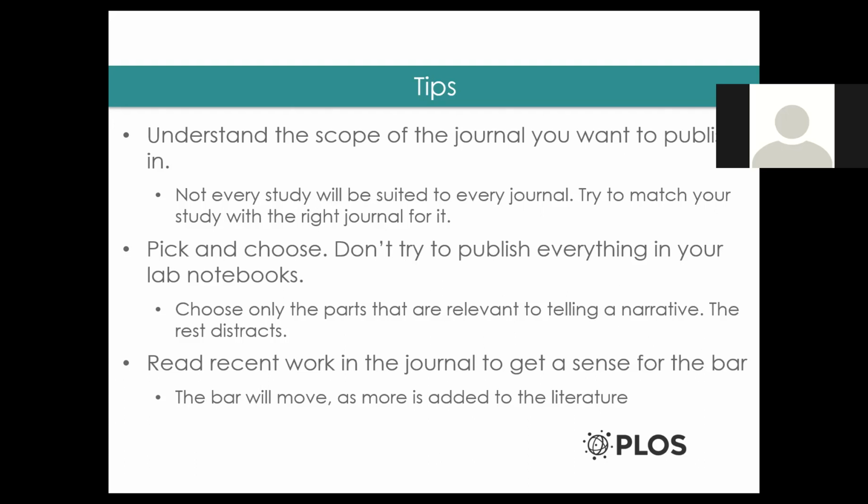And in order to understand the scope of the journal, you should read recent work in that journal to get a sense for the bar. The bar will move as more is added to the literature. So what might have been acceptable in a top journal may not be the same bar anymore, because more has been published in that area. So it's really important to figure out whether your work is acceptable to that journal.